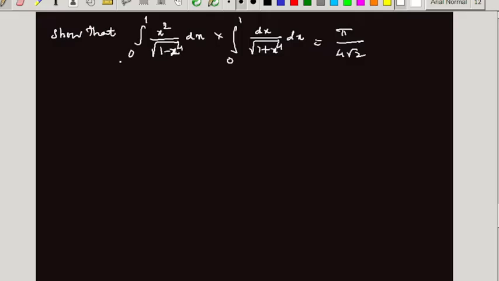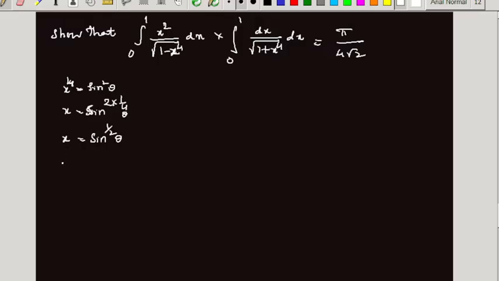So here x power 4 is nothing but sine square theta, and x can be written as sine square theta to the power 1 by 4. This power 4, bring it to the right hand side, it becomes 1 by 4. We can write it as sine power 1 by 2 theta.